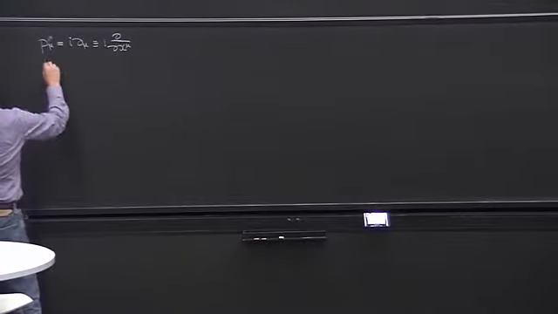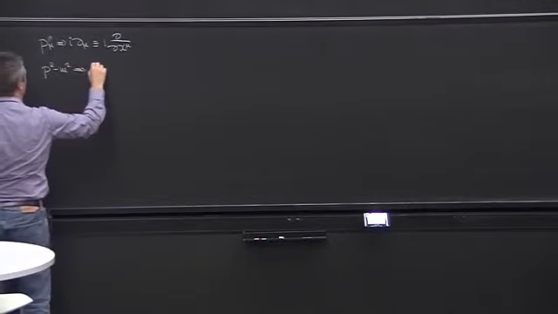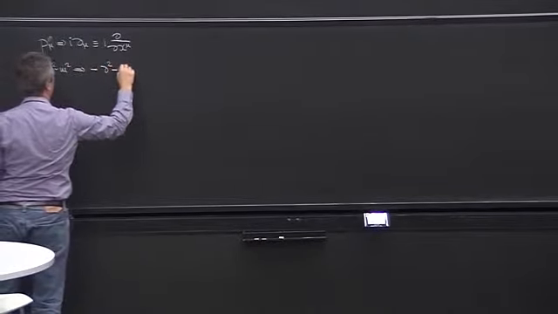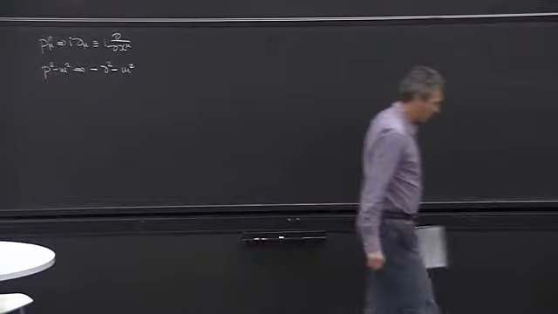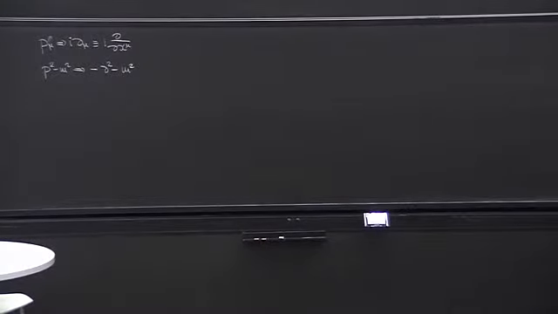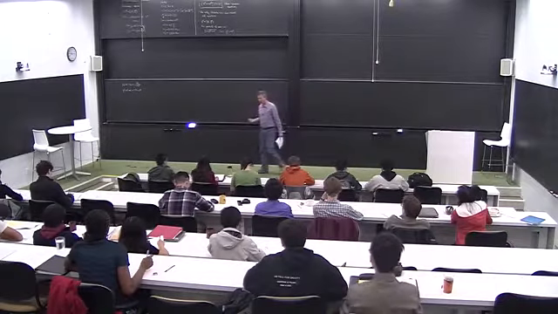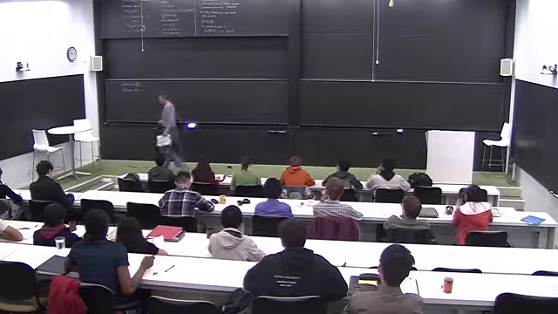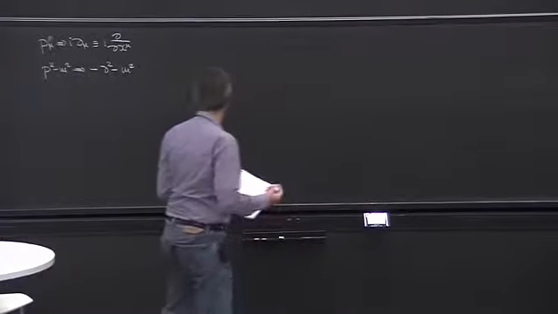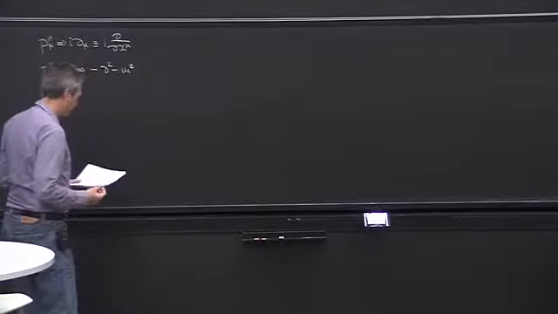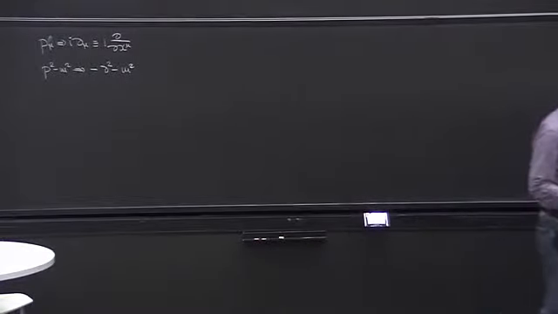So p squared minus m squared then becomes minus d squared minus m squared. This equation, in a sense, is a way to represent the dispersion relation for a massive particle. And so the physical meaning of the parameter m is just a mass. It should somehow describe particles of mass m upon quantization. So this is what we could expect.